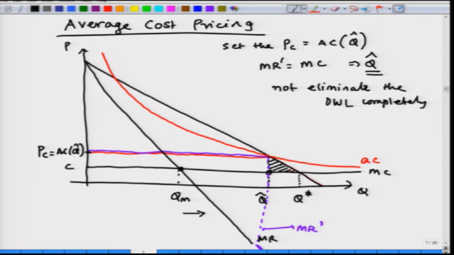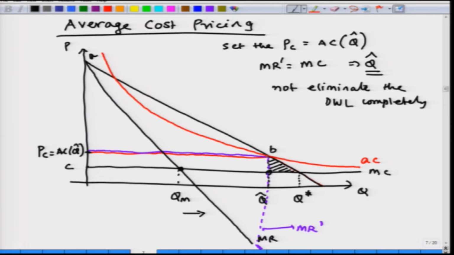The reason being that with q hat units being sold by the firm, the consumers are paying a price PC. So, the consumer surplus essentially is the area given by A, B and PC. The consumers are buying q hat units and are paying a price PC.